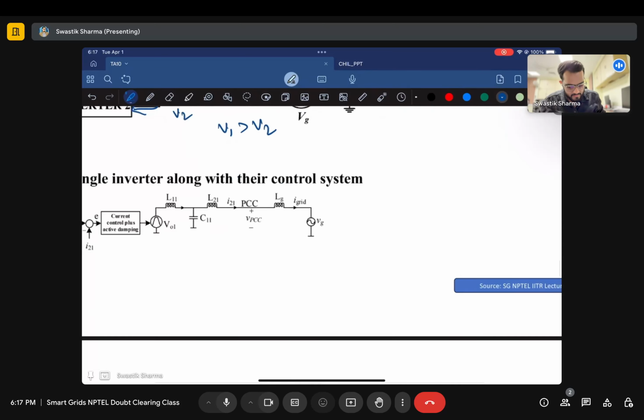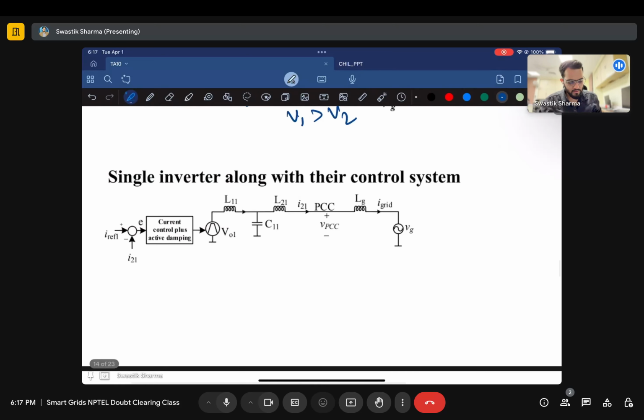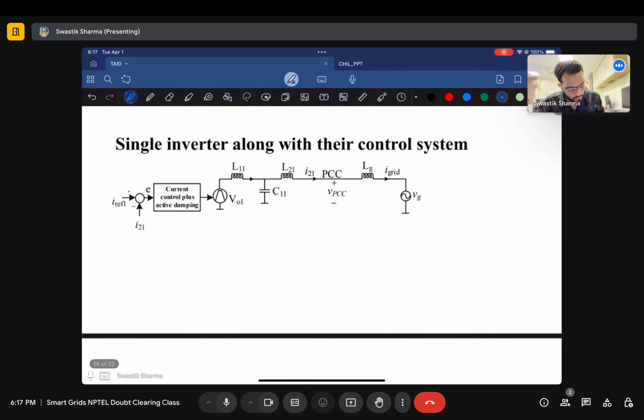So let's see a single inverter along with its control system. Let's call this C, the controller block, and this P, the plant block, right?